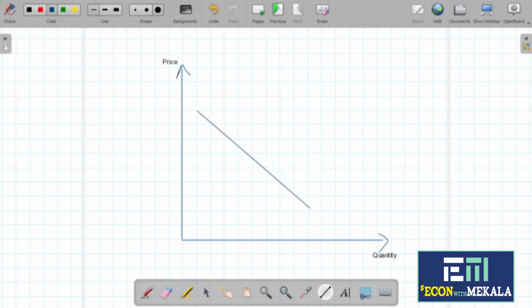This is my demand curve, and let me label it as D, and let's assume this is demand for a particular product, and let me take a small example for you to understand how this change in demand can occur.